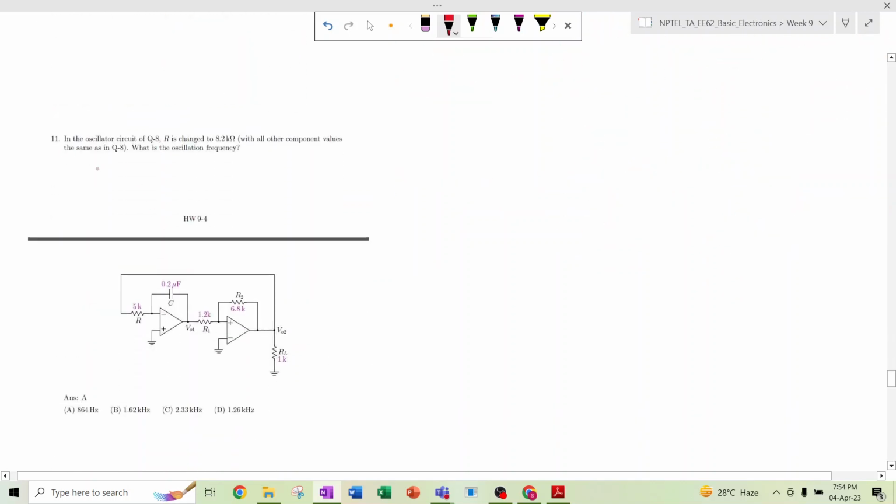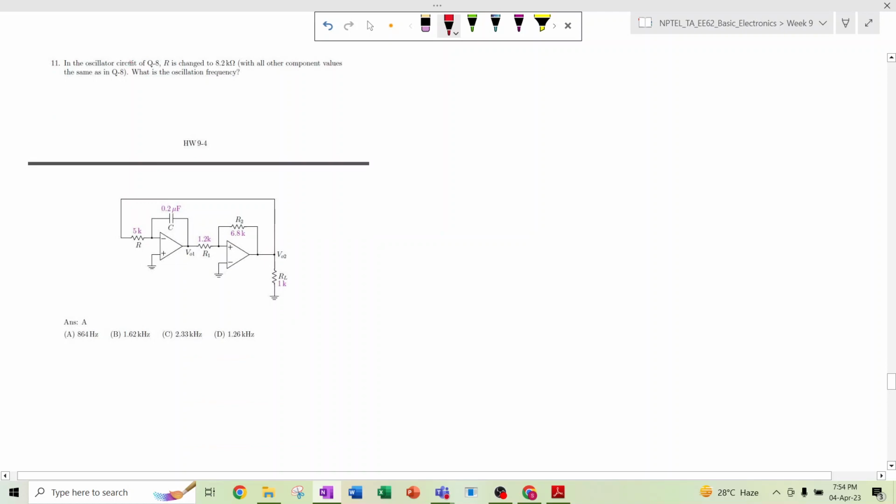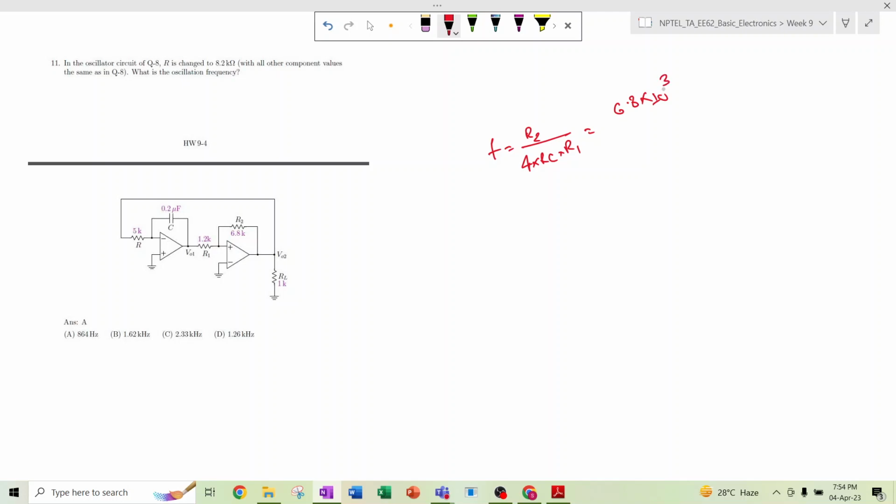Okay. So now in the next question, in the same oscillator circuit, we are changing the value of R with all other component values the same. So what will be the oscillation frequency? It is also a similar thing. F is R2 divided by 4 into RC into R1. Now the R2 value is 6.8 into 10 cube divided by 4 into RC.